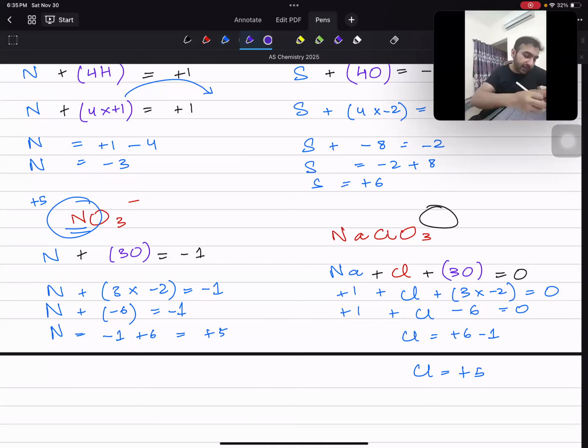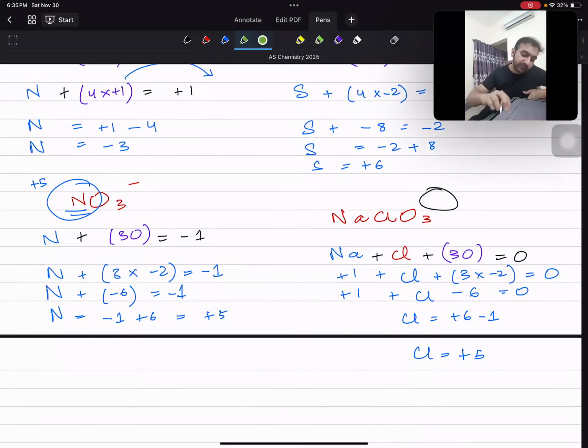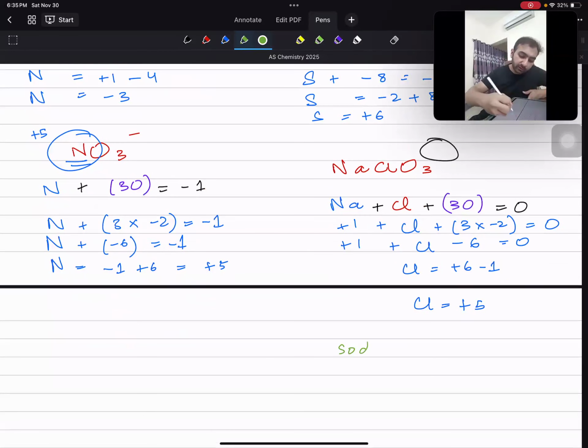And that is why you can see the name sometimes written as sodium chlorate 5, because the 5 is the oxidation number of the chlorine atom within the ion here. Nitrate is basically nitrate 5 because nitrogen has an oxidation number of 5.